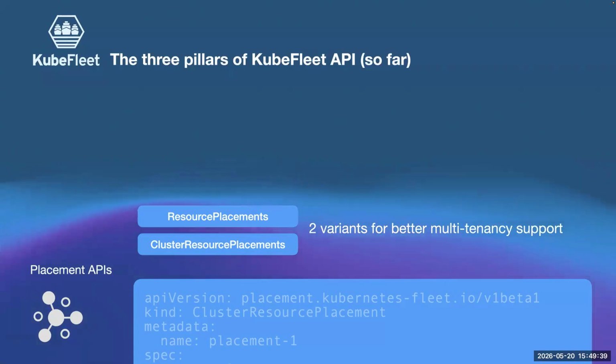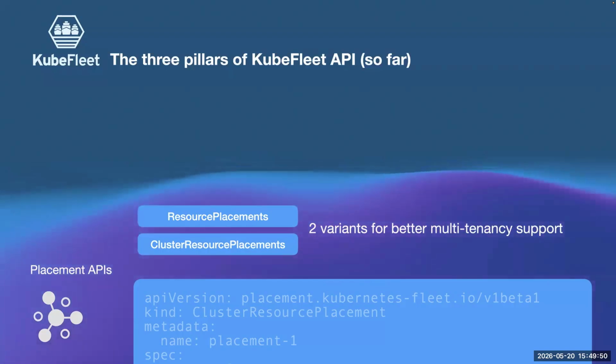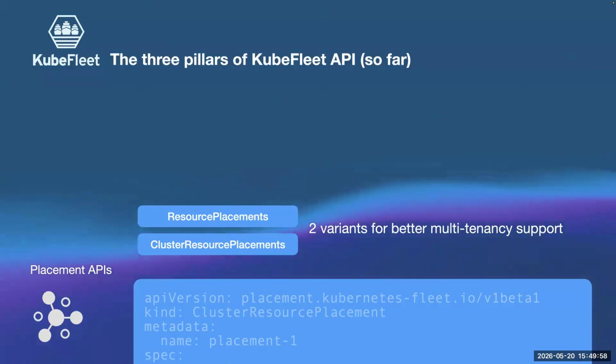For those organizations, a common pattern would be that the ops team will prep the deployment environment first. They will create all kinds of namespaces for different developer teams. They will start to enforce all kinds of policies. So we encourage the ops team to use the cluster resource placement to do that.